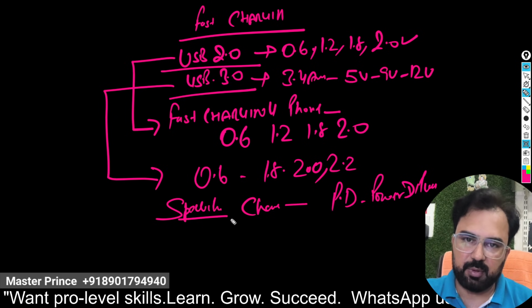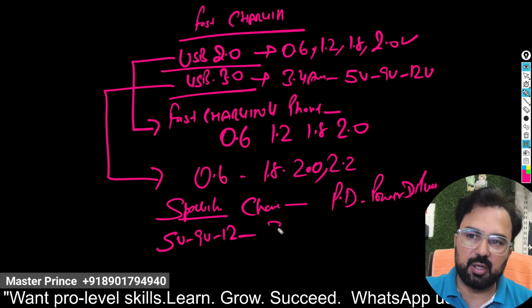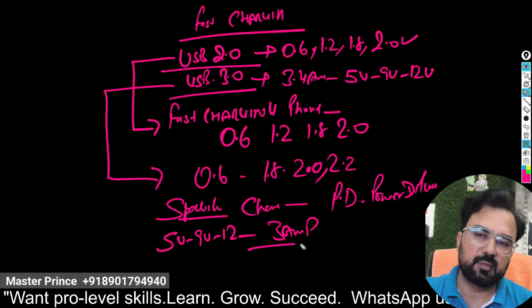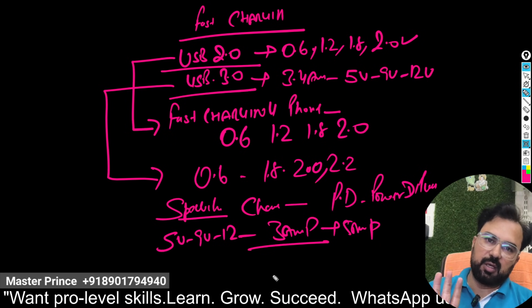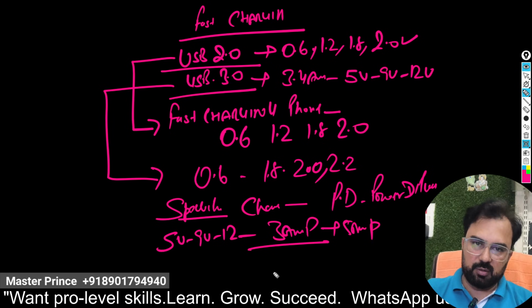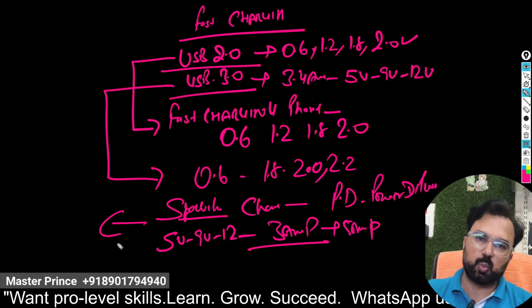After communication, when charging starts in a normal way, it switches up from 5 volt to 9 volt and 12 volt. Also the ampere increases to 3 plus, 3 ampere to 5 ampere, depending on the circuit. Now you are clear how the circuit works in fast charging, because they communicate with each other. If this communication drops, fast charging doesn't work.